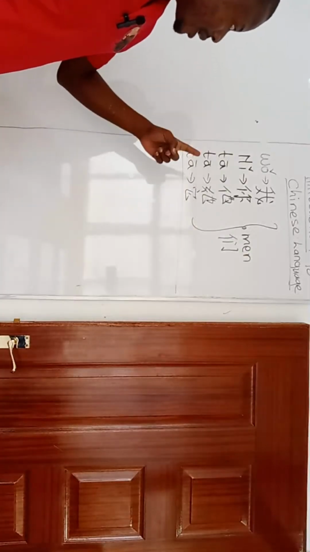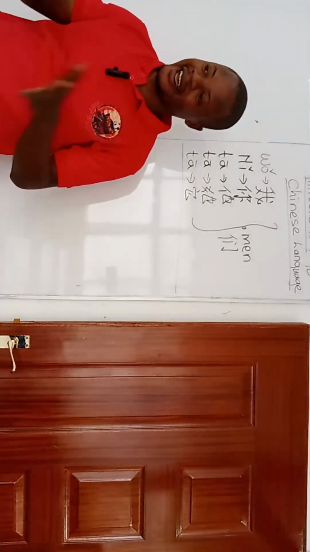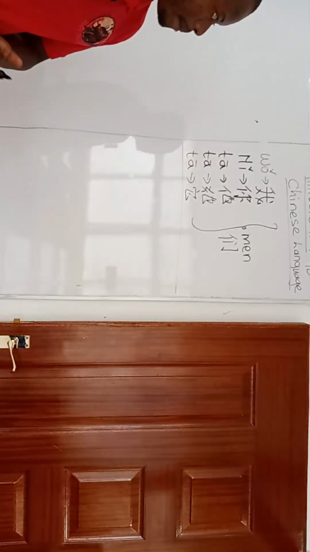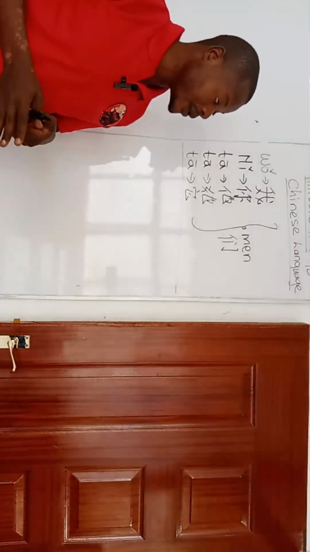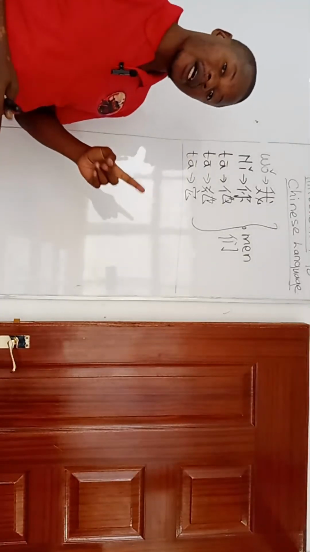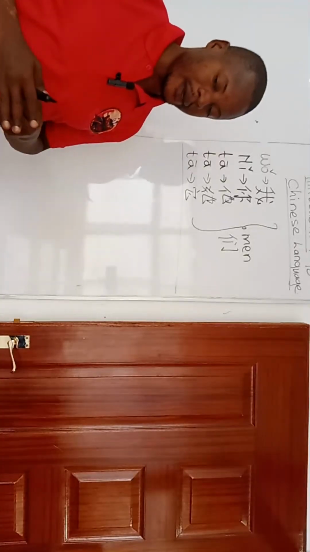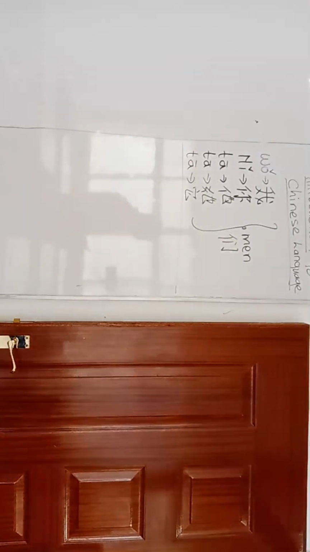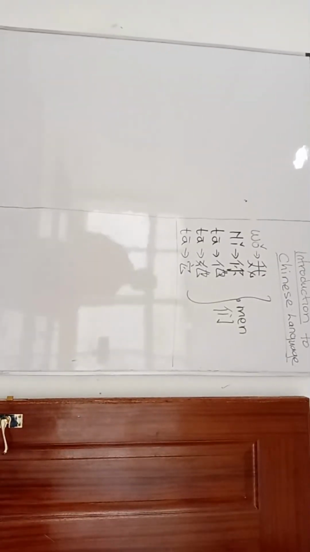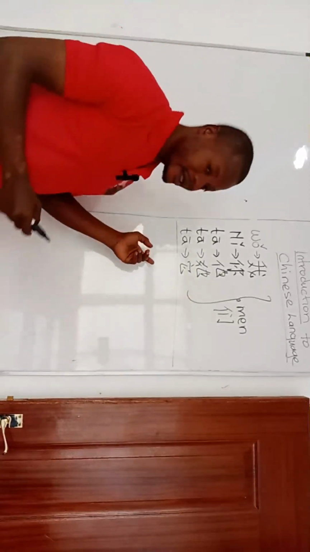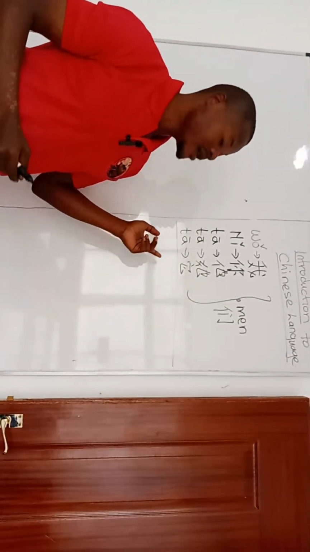So this learner has not yet covered the verbs. But because we need to move on, we are reading as we are writing, and we are also studying how to use them. The only way for you to understand how to move about this is to understand the basic sentence structures.